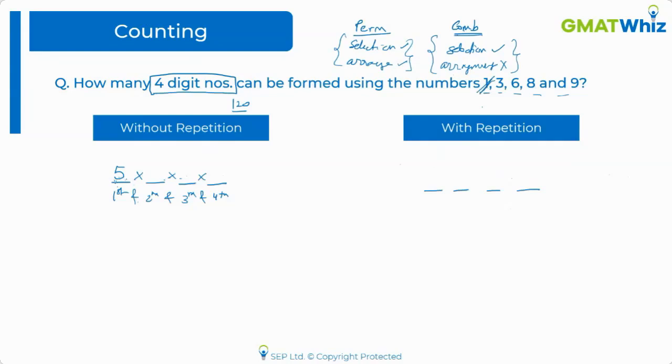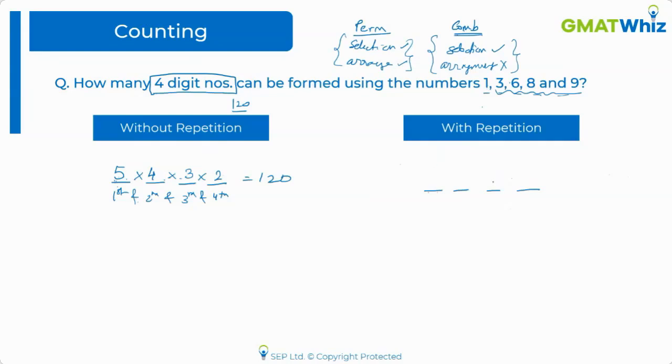So how many digits are left after filling the first space? I'll be left with 4 of them, so the second place can be filled in 4 ways. Again, one has been used. How many am I left with? I'm left with 3, so this will be filled in 3 ways, and the last place can be filled in 2 ways, and this would give you 120. This is without repetition, that means I'm not reusing any digit.